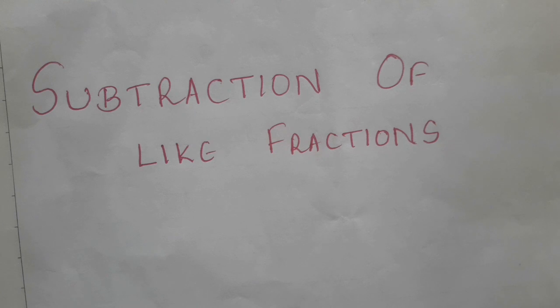Okay, so now let us recall what it means by like fractions. Like fractions, as you know, have the same denominators. Now if the denominators are same, how are you going to proceed for subtraction of the fractions? Let us see this first of all.